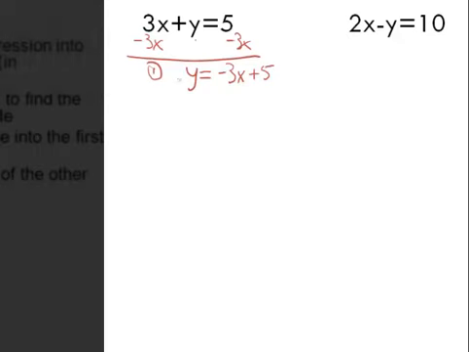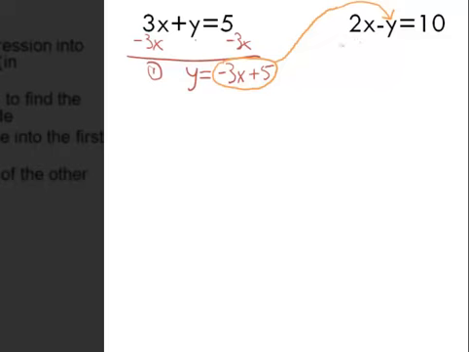Step 2 says to substitute that expression into the other equation. I like to draw a circle around this value and then an arrow from that into the other equation, and specifically I'm going to put it into the y of the other equation because after all we just found what y was equal to.